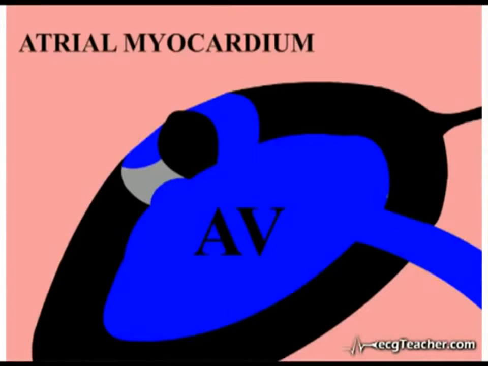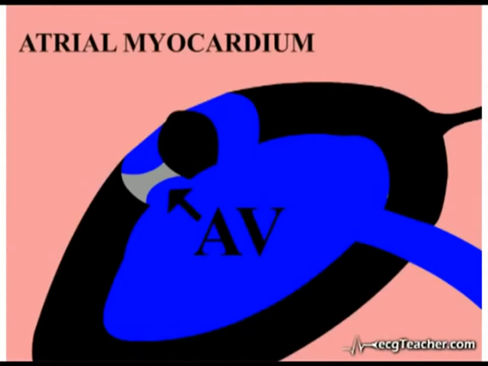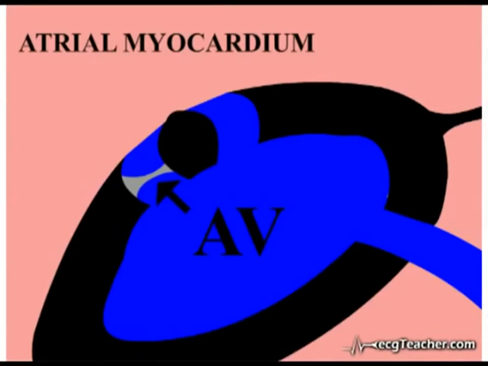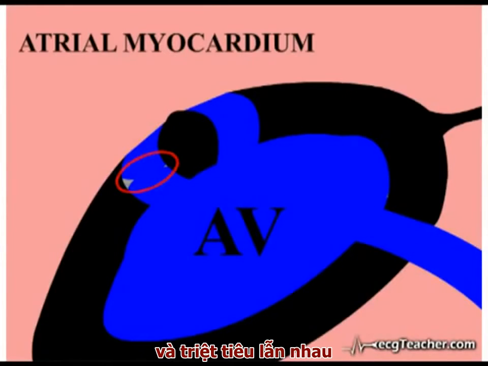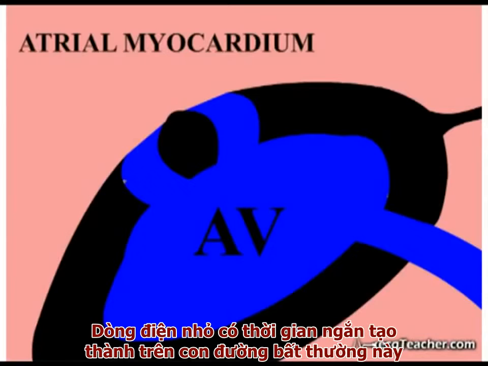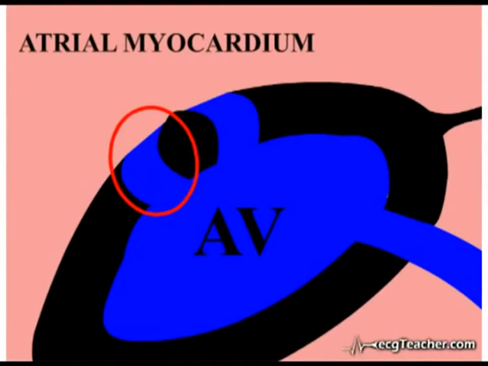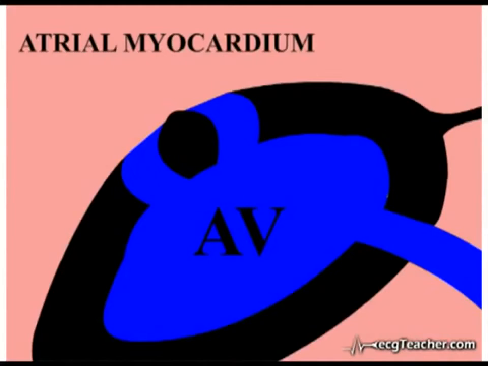However, at this point, current flowing in the normal conducting tissue has already reached the distal end of the abnormal strand and is conducted in a retrograde direction into this tissue. The two currents in the abnormal strand meet at some point and obliterate one another. The small, short-lived currents in this tiny strand of abnormal tissue are not detected by the ECG machine, so absolutely no abnormality is detected on such an individual's resting ECG in sinus rhythm.